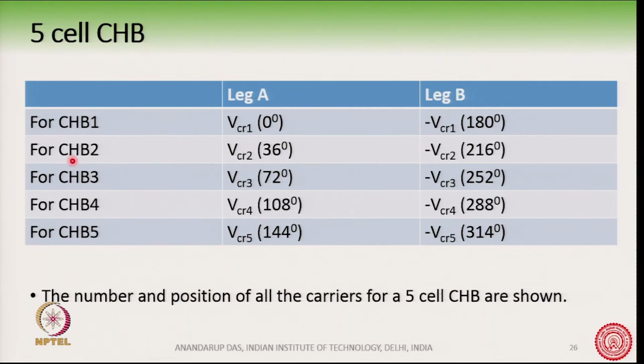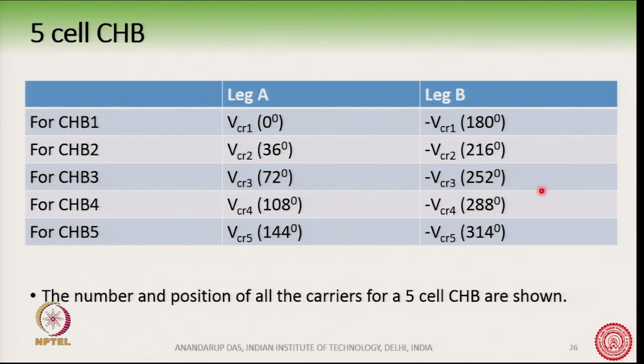For CHB2, of course, leg A is shifted by 36 degree, as we had earlier discussed. So, VCR2 is 36 degree, and for leg B again this will be 180 degree plus 36 degree, which is equal to 216 degree. For CHB3 it is 36 degree plus 36 degree, that is 72 degrees, and for leg B it will be 216 plus 36, which is 252 degrees.